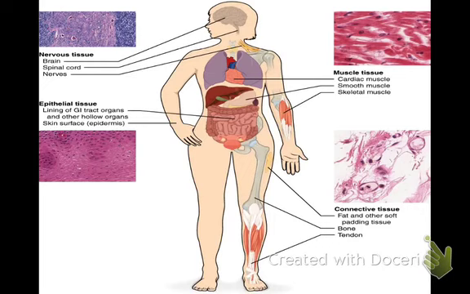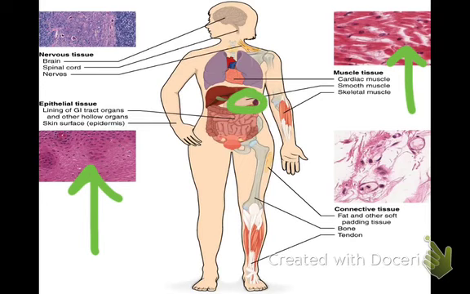Here are the four types of tissues and what they look like under a microscope, what I just talked to you about. Nervous tissue, you can find that in your brain, your spinal cord, and your nerves. Epithelial tissue is the lining of your GI tract and your skin. Muscle tissue includes cardiac muscle, which is your heart, smooth muscle, and skeletal muscles.